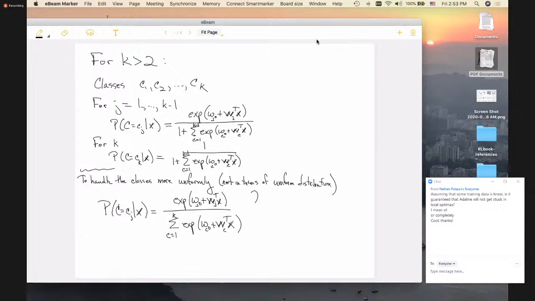This results in what we call the softmax function. And it is giving us a true probability distribution. And when we do this, our update equation for gradient descent, you know what?